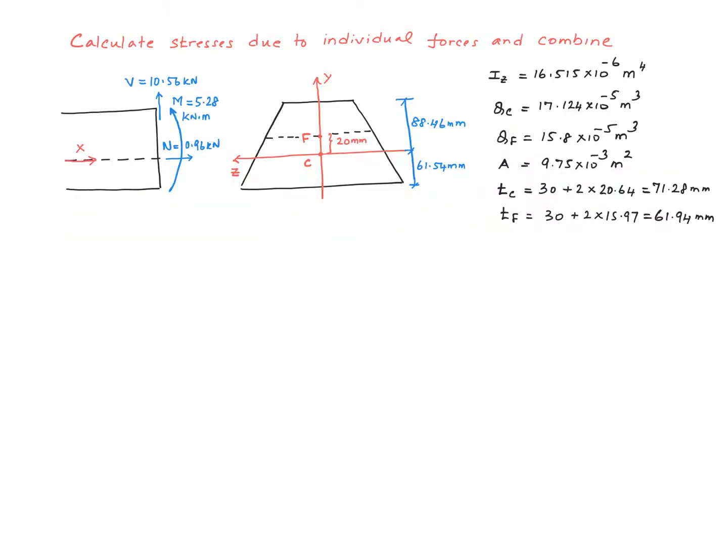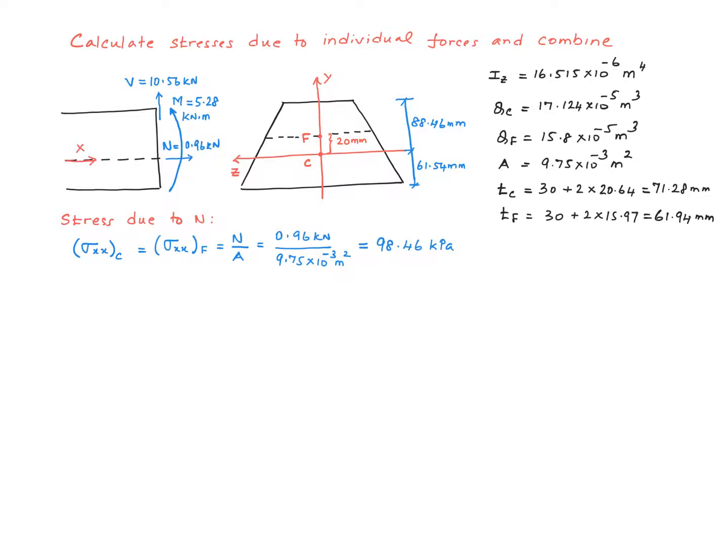Now that we have done all the preliminaries, we can go ahead and calculate the stress due to each individual force and then combine them. Let's start with the simpler one, stress due to the axial force N. Firstly, the stress due to the axial force is going to be a normal stress. It's going to be acting on the x-plane in the x direction, so I'll call this sigma xx.